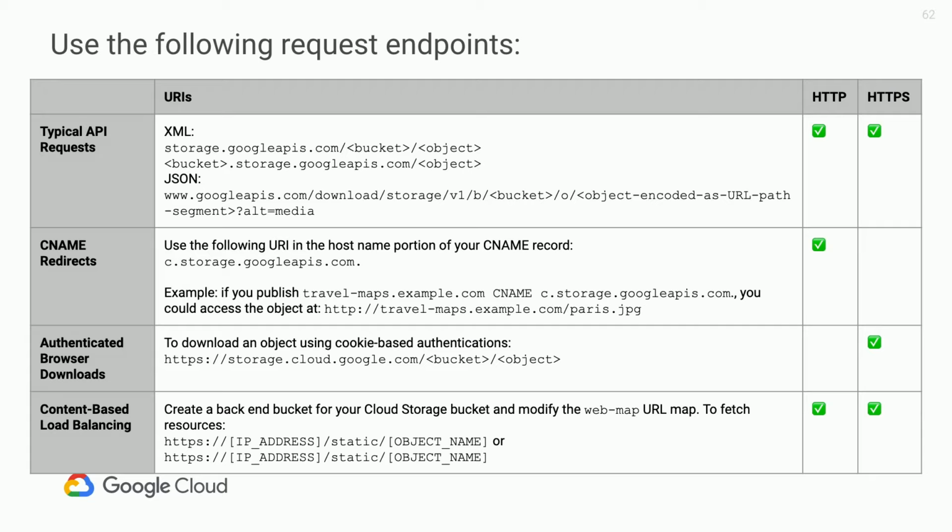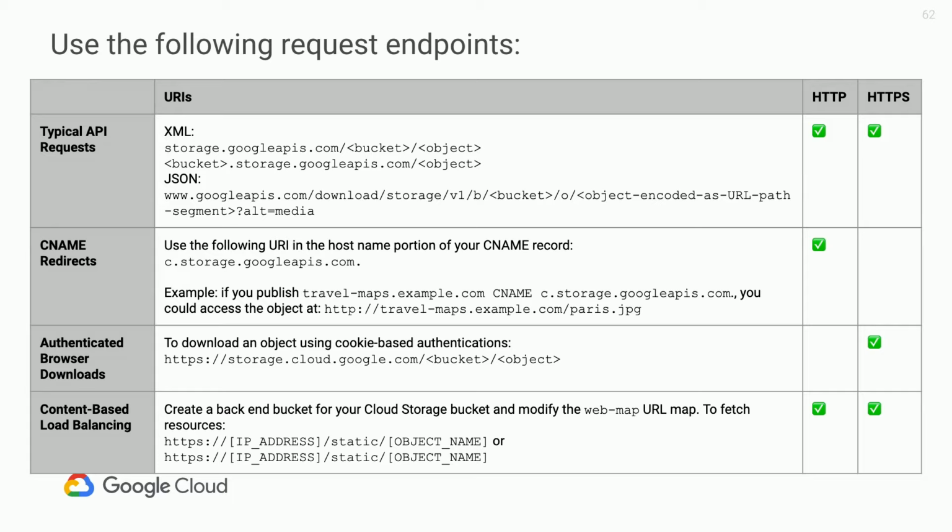In this case, you can create a bucket in Cloud Storage and then create a CNAME record in DNS and redirect the request from travel-maps.example.com to the Cloud Storage URL where the bucket is located. So the public can access that data from there.